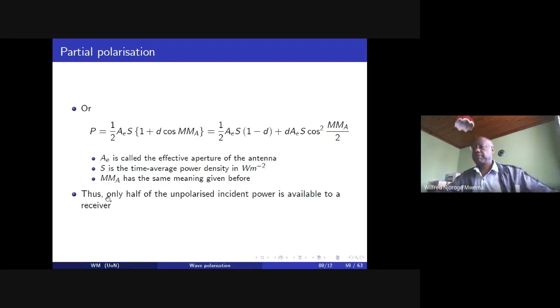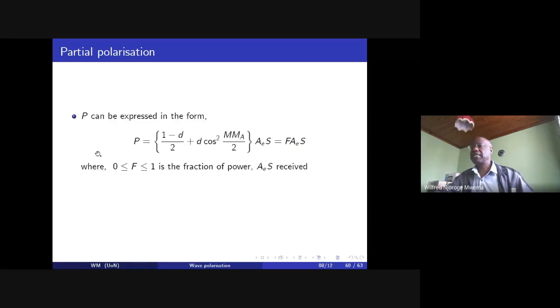In this particular case, if we have a completely unpolarized wave, only half of the power in that wave will be available to us. You can only get half of the power. The rest will be lost. And that's why for communications, the wave will be polarized in many cases.